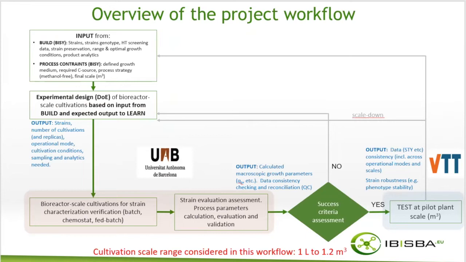We also designed a simple workflow on how to split tasks between the two partners involved in the project. The very important thing here is to define with the company the input for the project: which strains, how they grow, which conditions need to be used in bioreactor scale cultivations, and what constraints the company defines, that is, what sort of process the company is thinking to run at industrial scale.